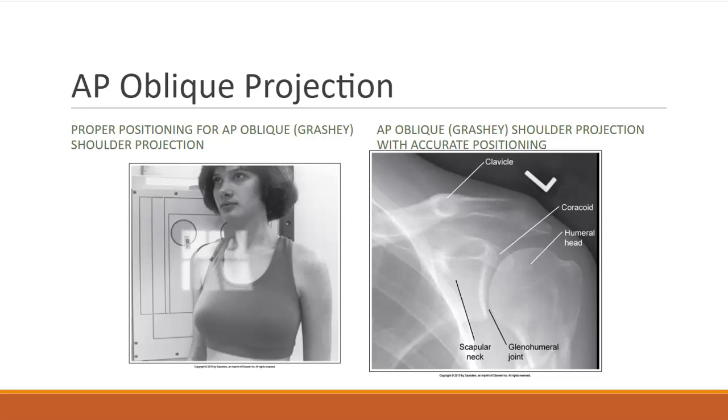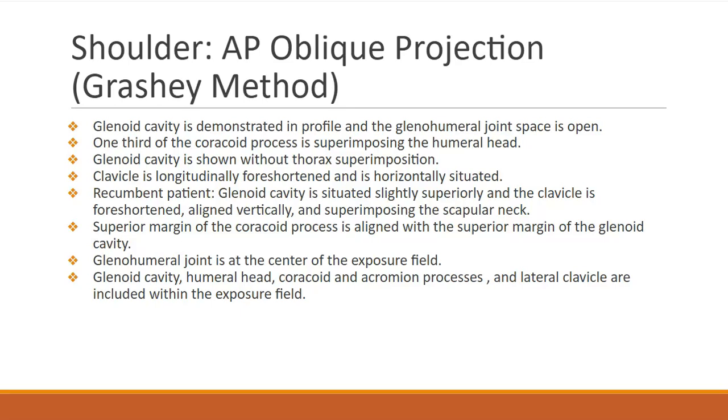In addition, the superior margin of the coracoid process is aligned with the superior margin of the glenoid cavity. The glenohumeral joint should be at the center of the exposure field. The glenoid cavity, humeral head, coracoid and acromion processes and lateral clavicular end are all to be included within the exposure field. Here are those image analysis guidelines.